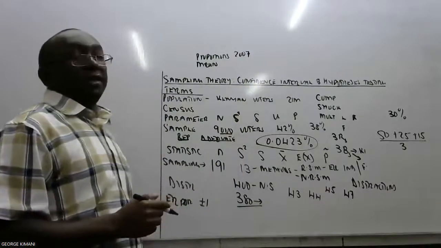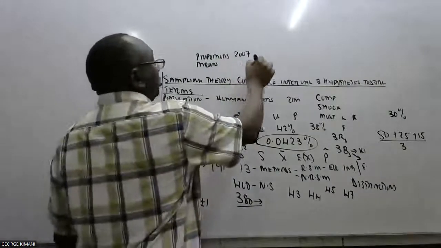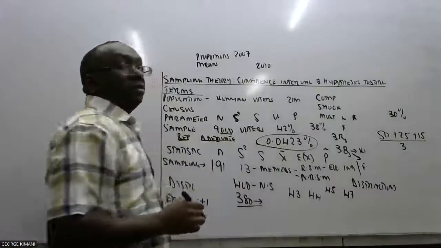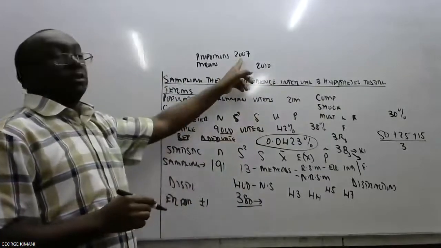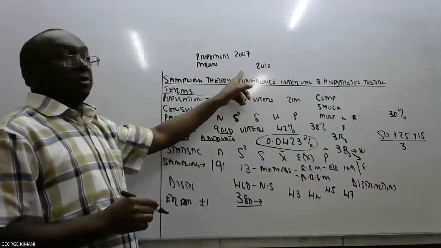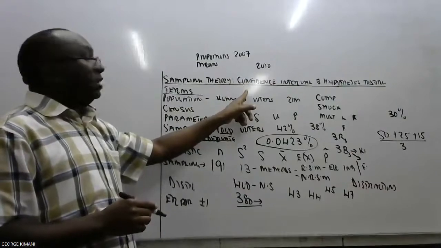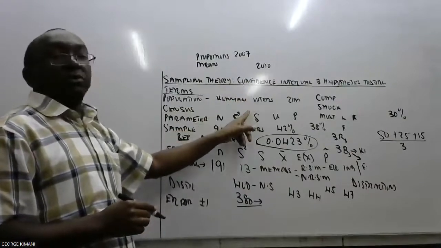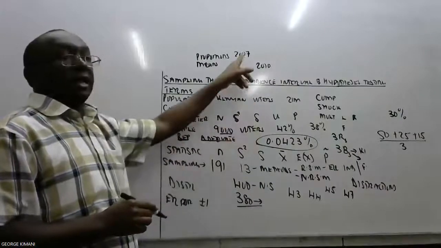Since 2007, the only opinion polls which came out true were in the 2010, during the referendum. The opinion polls of 2007 did not come out to be true. 2013 did not come out to be true. 2017 did not come out to be true. Now we are waiting to see whether 2022 will come out to be true. And you know the result that I told you the other day, time series, the trade.